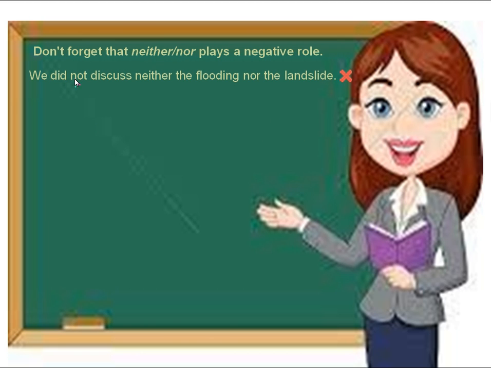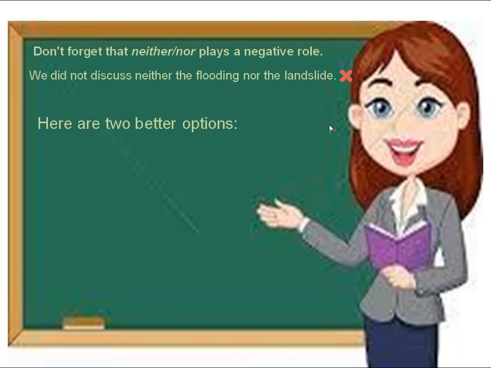We do not discuss neither the flooding nor the landslides. So it is an example of double negative. Remember that two negative things make a positive thing from your mathematics. So the example above means that flooding and landslides were discussed, which would not have been the intended meaning here. So it is wrong. How can you fix this problem?